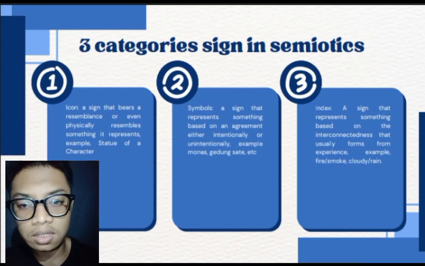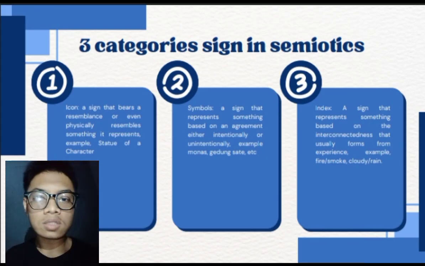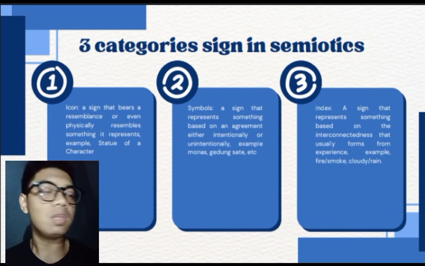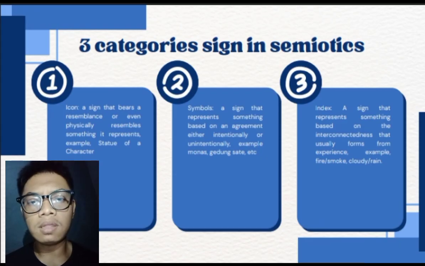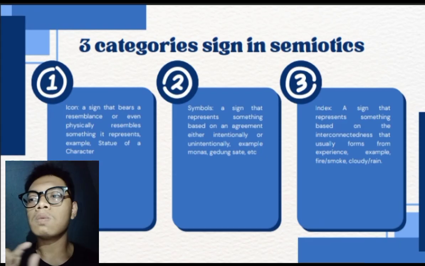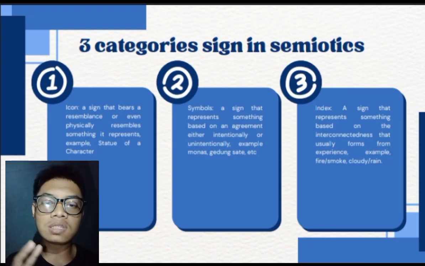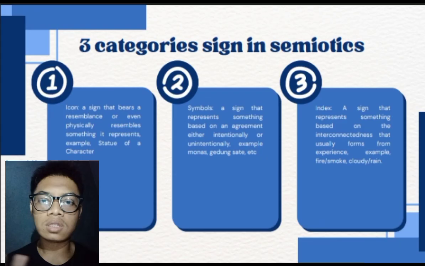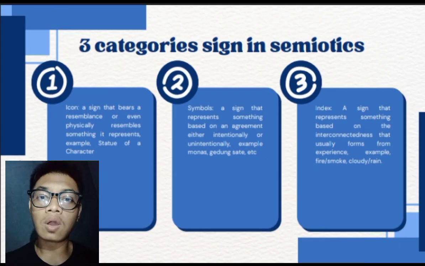That's the index. And third is symbol. Symbols are signs where the meaning comes from social agreement, not similarity or connection. For example, the word peace doesn't look or sound like peace, but we all agree on its meaning.